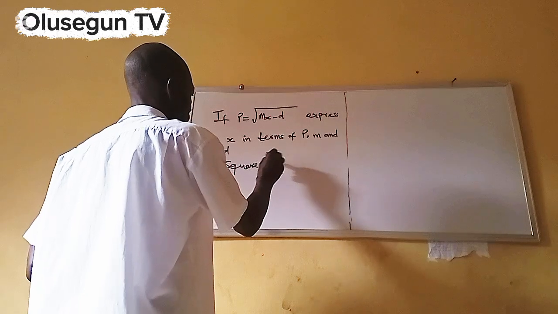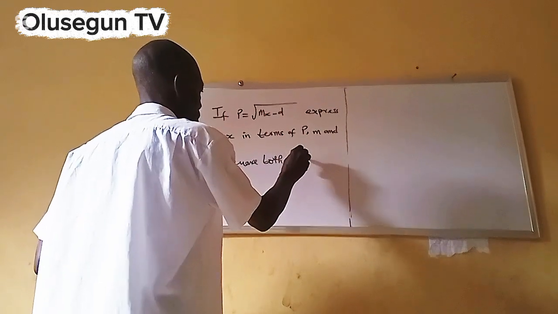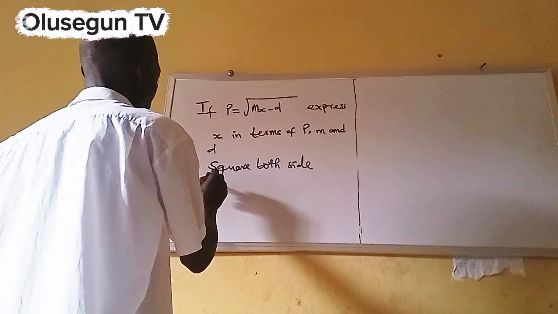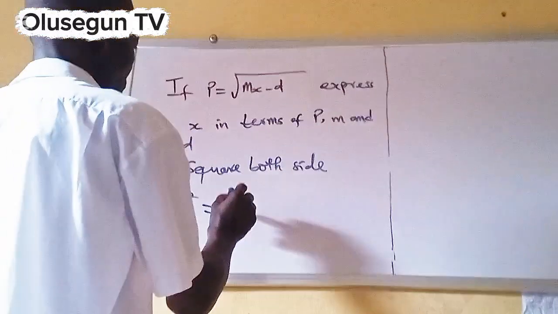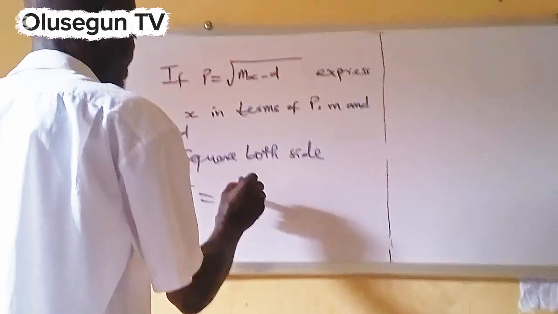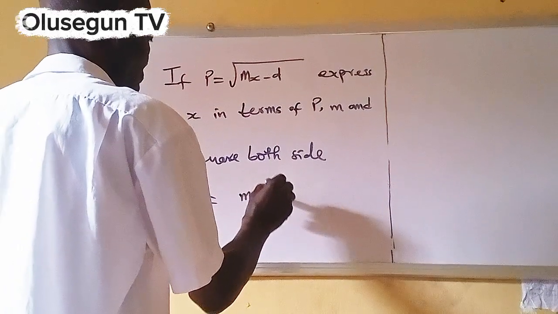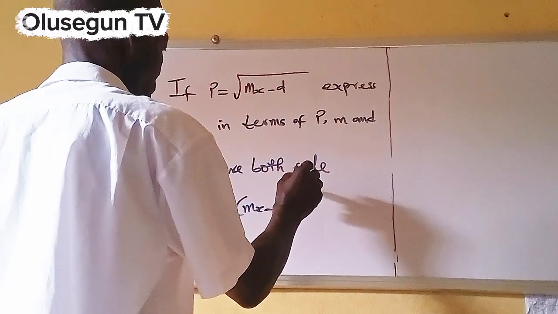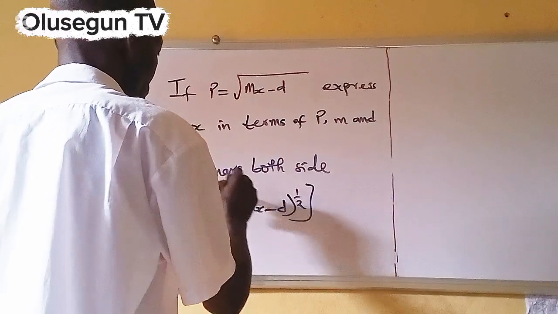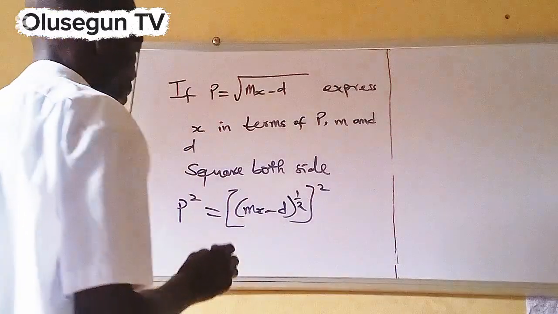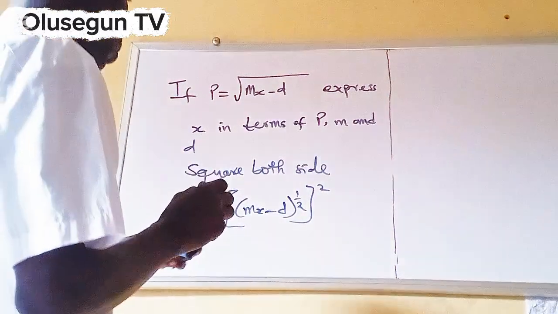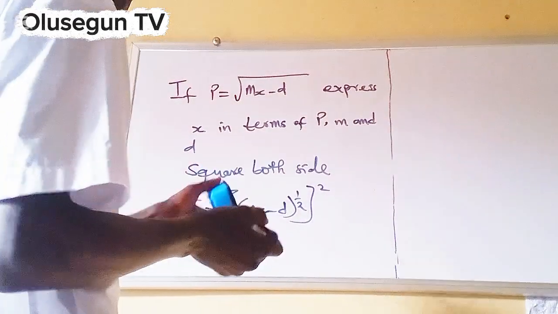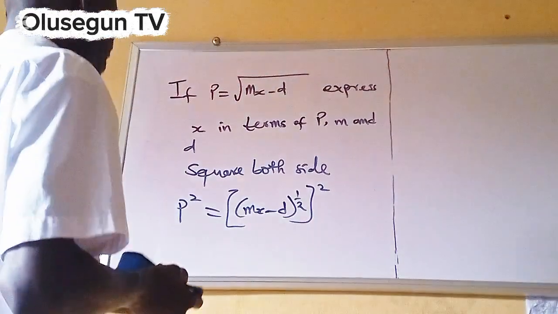When you square both sides, it's going to be p square is equals to mx minus d, square. Are you following? So we want to remove this square root. That is the main reason we are squaring both sides.